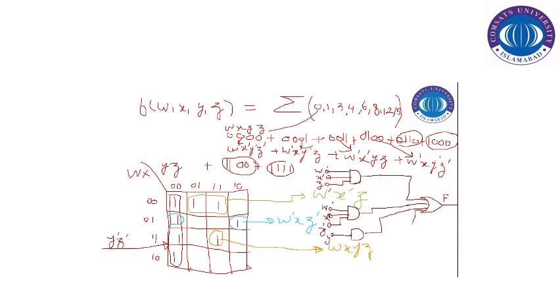This is Y prime and Z prime, and the last AND gate will be W, X, Y, and Z.